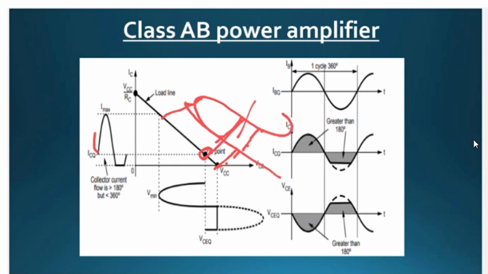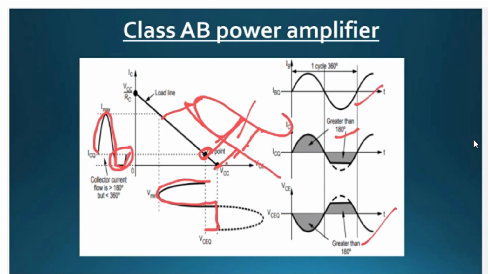If you see the output waveform, this is one half cycle and this portion is a part of the second half cycle. Even in the output you can observe that. Now coming to the waveforms, for the full cycle of input, the collector current flows for greater than 180 but less than 360. Even the output voltage also. Obviously in class AB also we are going to get distortion.